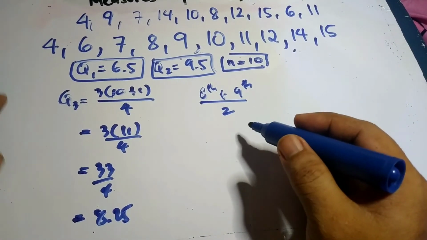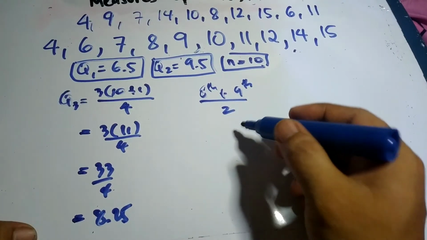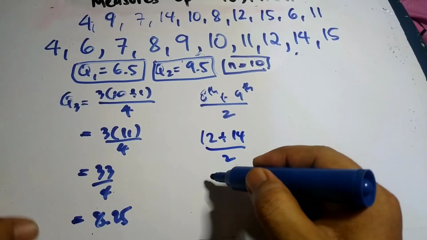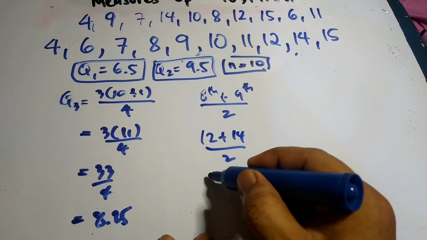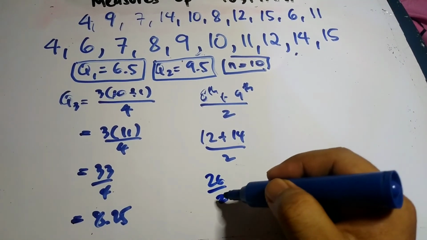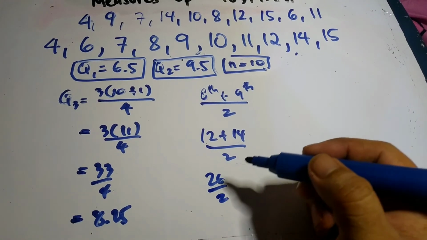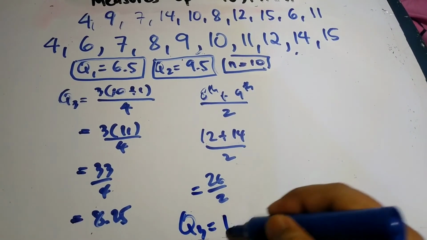So we have 12 plus 14 divided by 2. Ito ay 26 divided by 2, so ang 26 divided by 2 ay 13. So ang ating Q3 is 13.